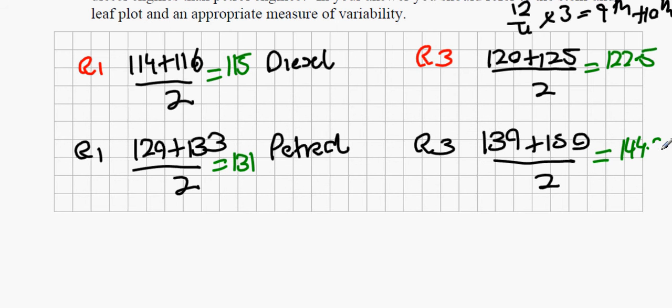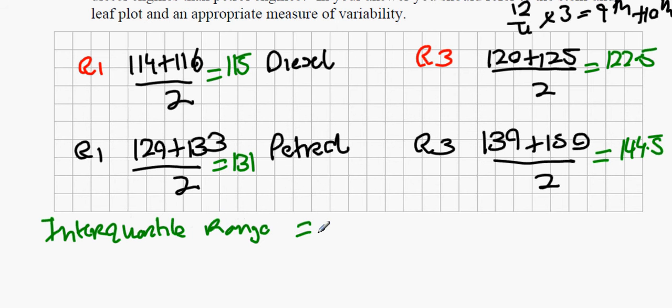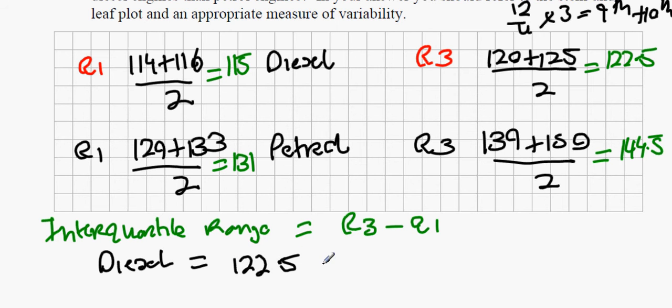So interquartile range. It's going to be Q3 minus Q1. And for the diesel, it's going to be 122.5 minus 115, which is going to be 7.5.